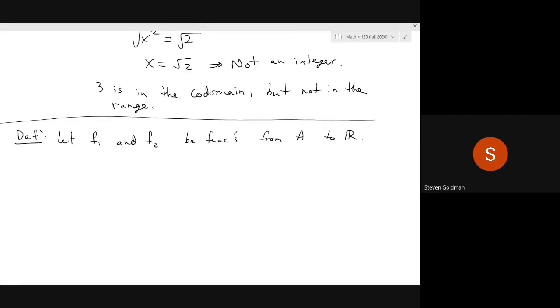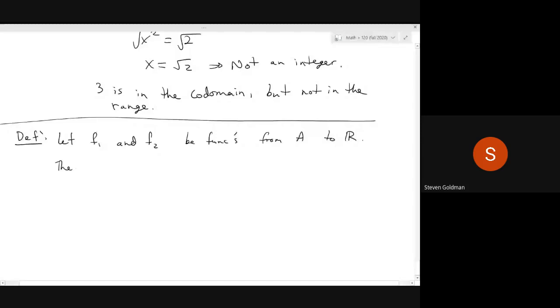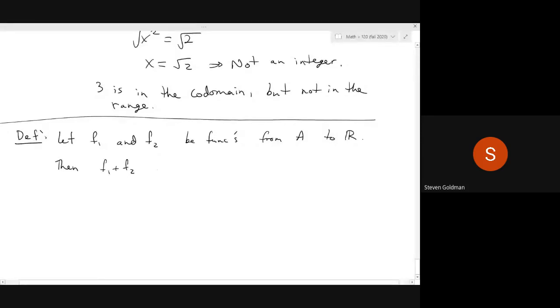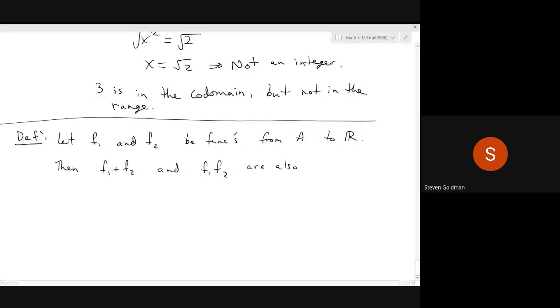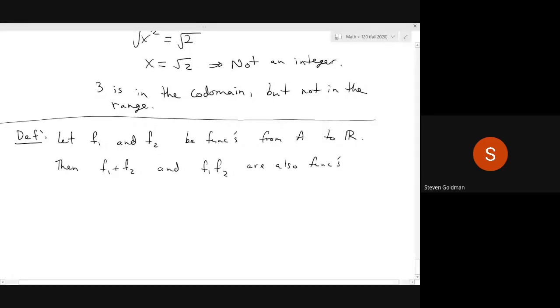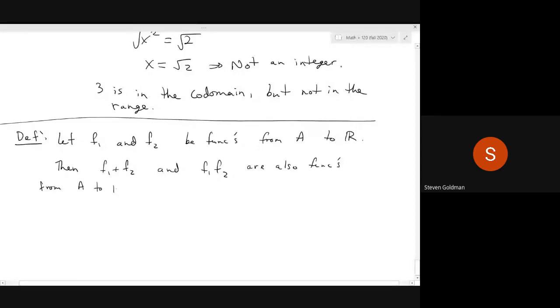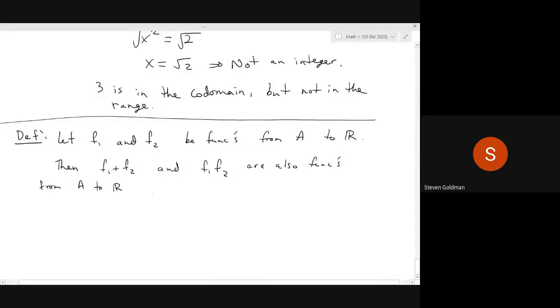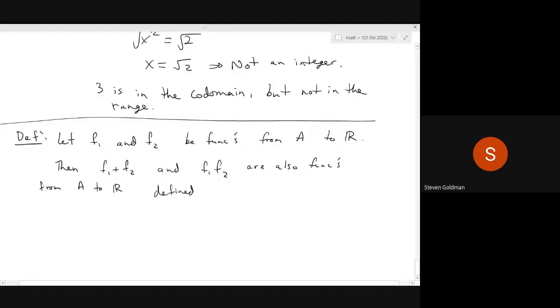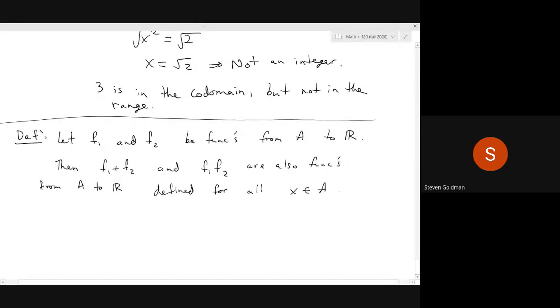Then f1 plus f2 and f1 times f2 are also functions from A to R, defined for all elements x in the set A by the following.